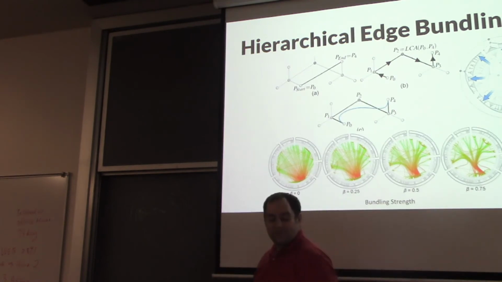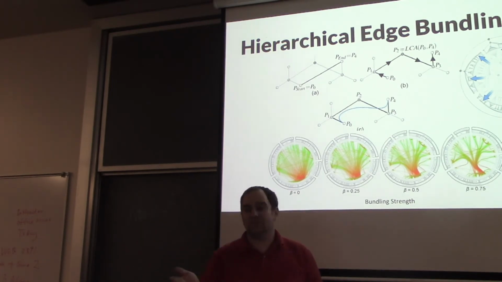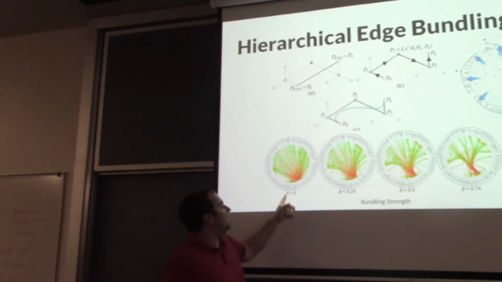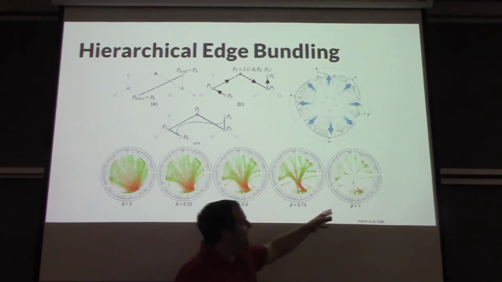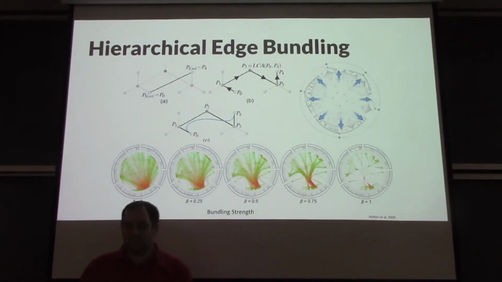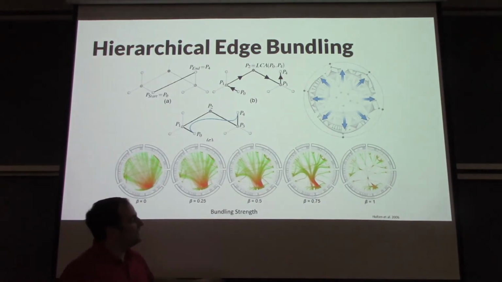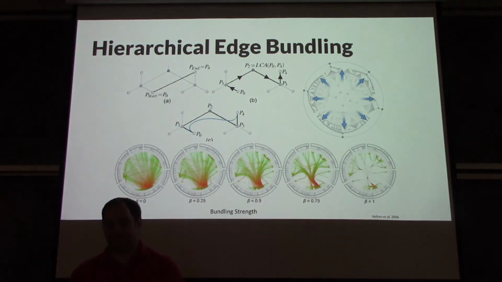Here are a couple of different betas, these bundling strengths, that influence how tightly the curve snugs to this backbone of the tree. If we have a completely relaxed beta, we see these straight lines. Conversely, if we take the strictest possible approach, we basically see the structure of the tree. But probably something in between seems to be a reasonable beta.